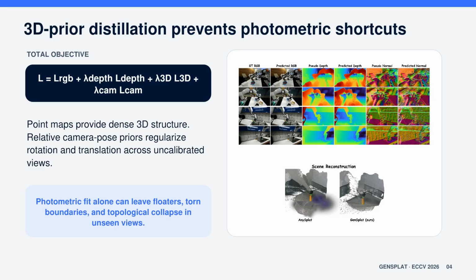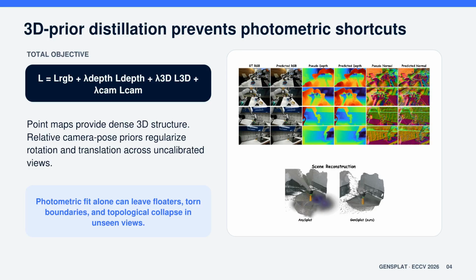Dense point map supervision encourages smooth, metric three-dimensional structure, and relative camera pose supervision constrains rotation on the SO(3) manifold and translation. With a robust loss, the total objective combines RGB reconstruction, depth alignment, point map distillation, and camera pose distillation.